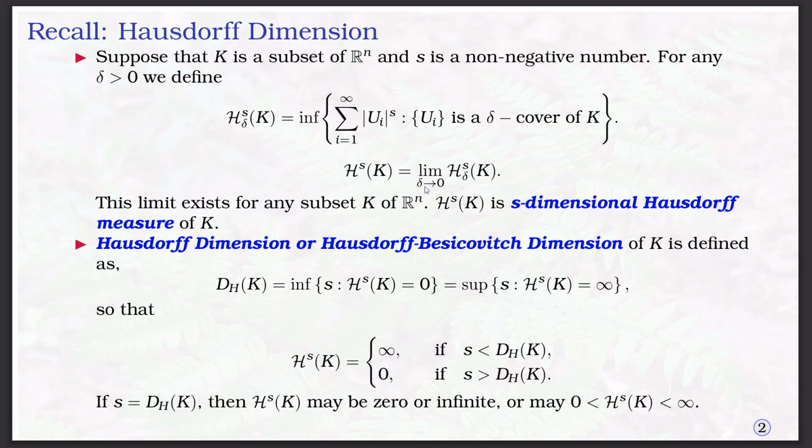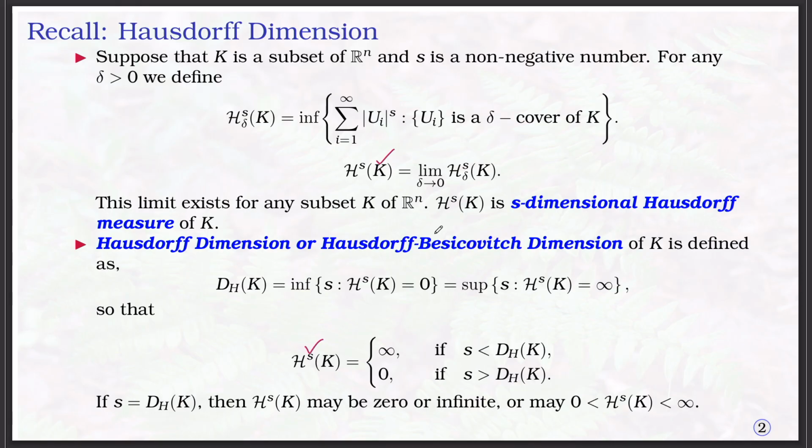If this limit tends to 0, then it is called the S dimensional Hausdorff measure of the set K. This limit usually exists for all values of S, being either infinity or 0; there is a jump point where this measure jumps from infinity to 0. That critical point we call the Hausdorff dimension, as given here. Now, based on this definition, we are going to discuss some properties.